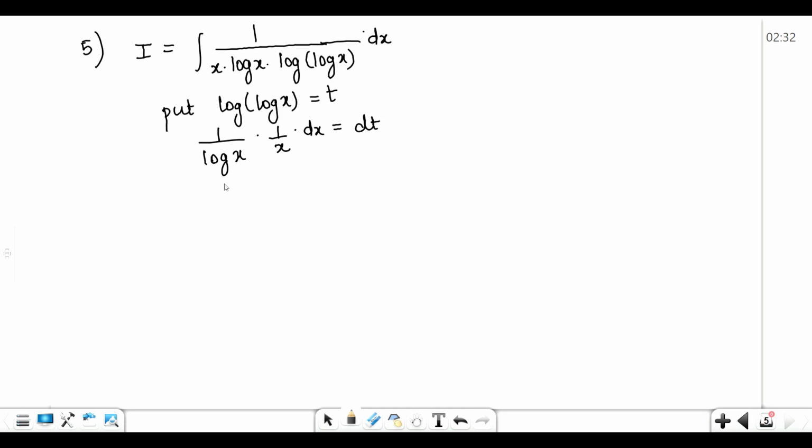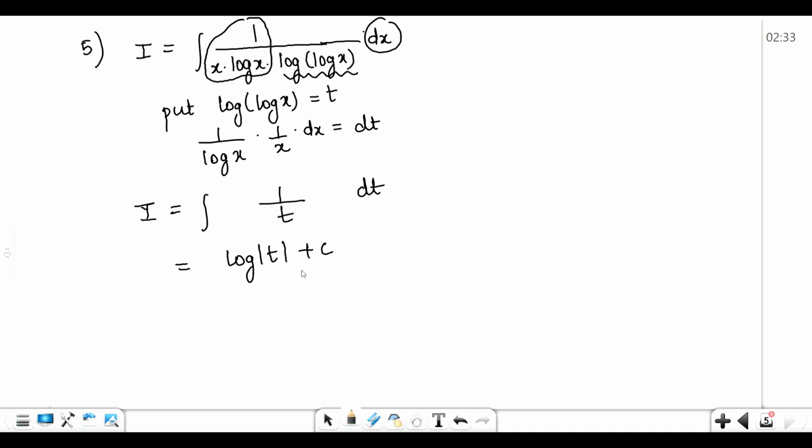Now I have this 1 upon x log x in the question itself, you can check it here, 1 upon x log x along with dx. So I is equal to, that will be replaced with dt, and this becomes 1 upon t. The only thing left is this term, which is nothing but t. The integration of 1 upon t is log of mod t plus c.